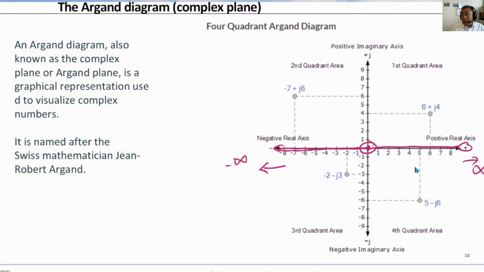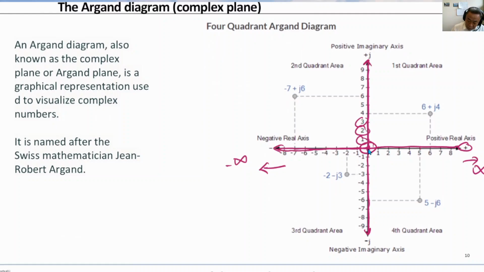Now, if this is the real number line, where is the imaginary number line? It is the line perpendicular to the real number line. It also has the origin sitting at the middle. So as the imaginary number grows more and more positive, the imaginary number grows larger and larger in this upward fashion.